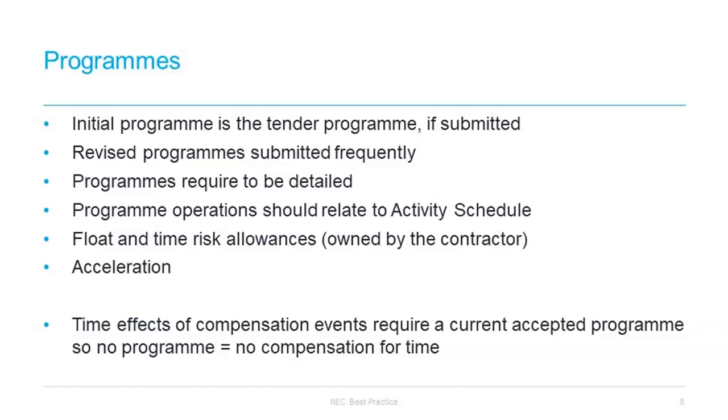More generally, if a compensation event would impact on the completion date, as the completion date can be adjusted for compensation events, but the accepted program and completion date is out of date, then the contractor will lose out on the adjustment to the completion date, which they may otherwise have been due.